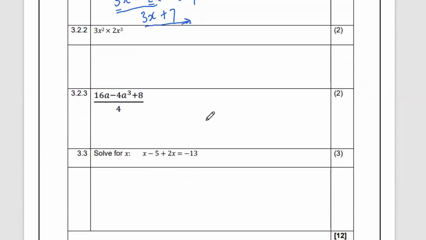3.2.2, we are multiplying. Okay, whenever we have a scenario like this, under multiplication or division, work with the numbers separately and then the variables separately. So we know that 2 times 3 is going to give us a 6. But now this is x squared, this is x cubed.